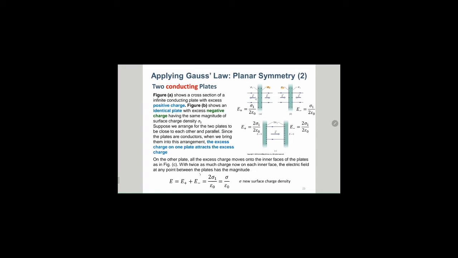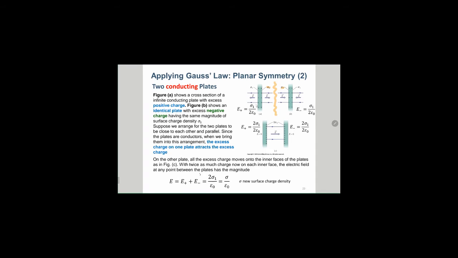Okay, so here, for the left one, we try to consider it separately first, and then we try to place them together. So when we consider figure A, try to forget the other one first. This one will generate the E field pointing to the left side on the left, and pointing to the right side on the right.